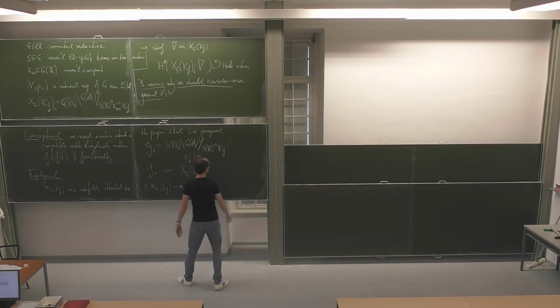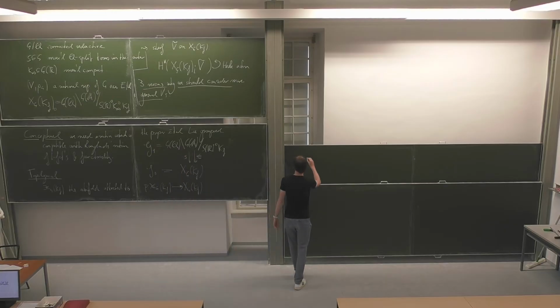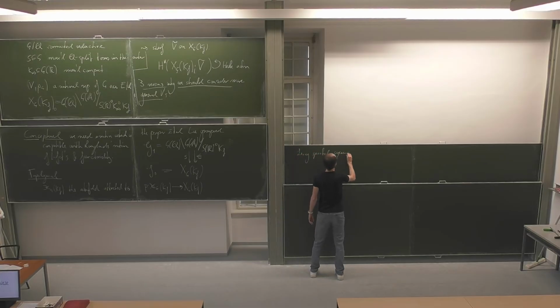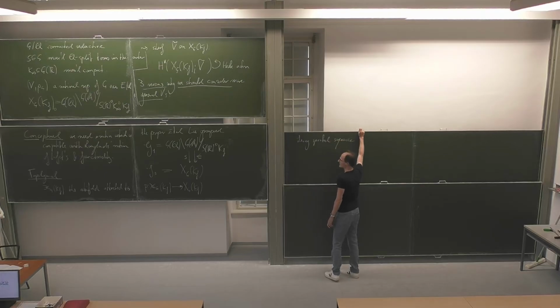So let's call it P. Then you have a canonical Leray spectral sequence, which looks like this.